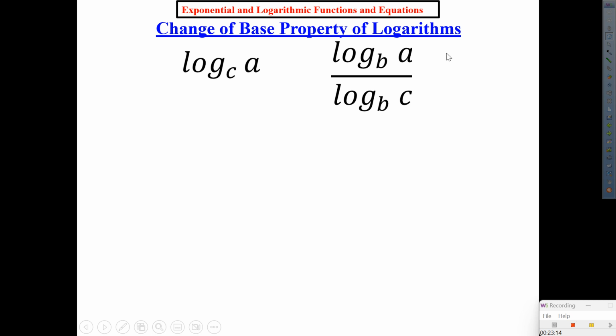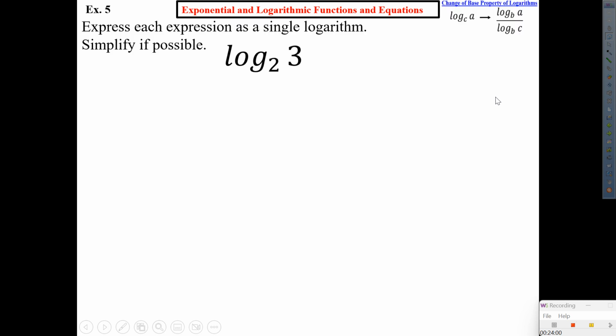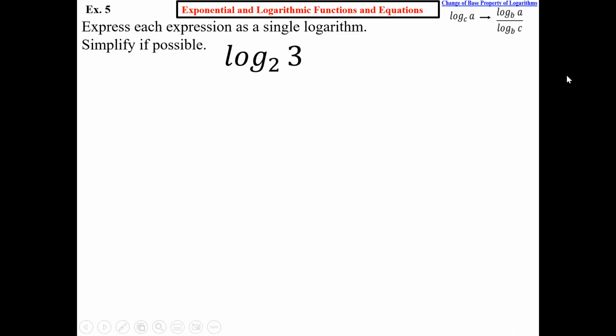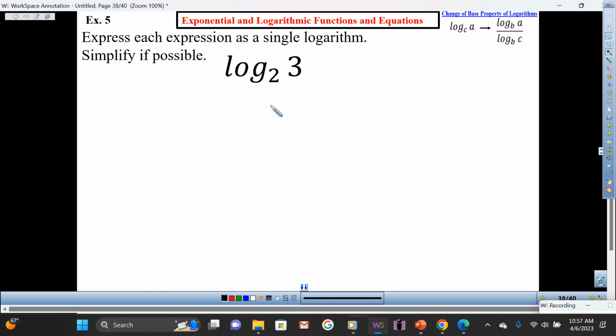All right, so let's see this at work. Copy this, please. Example 5: log base 2 of the given number 3. Example 5Q: log base 5 of the given number 7.